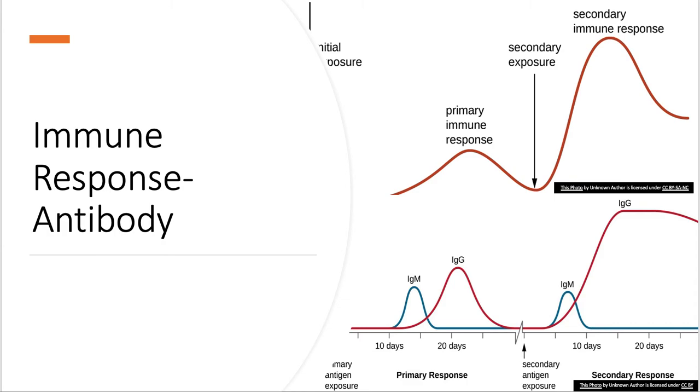Let's review. The host, you, are exposed to a pathogen, SARS-CoV-2. Your immune system responds with the buildup of antibodies, immunoglobulins, such as IgM. The formation of these antibodies, remember, they tag, trap, and destroy pathogens.